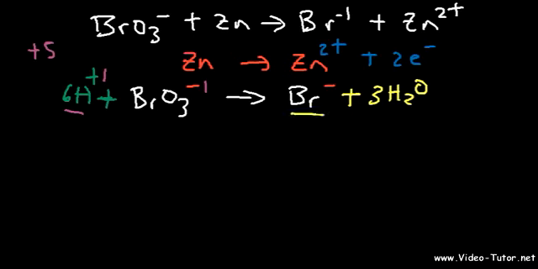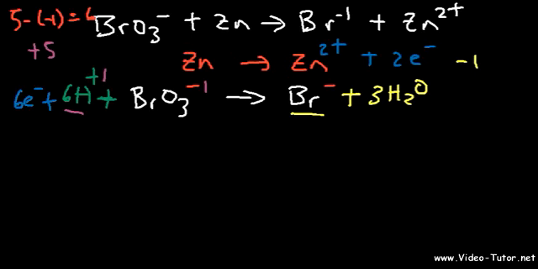On the right side, we only have a charge of -1. If you take the larger number minus the smaller number, 5 minus -1 is equal to 6. This tells you that you need to add 6 electrons to the side with the higher charge, which is the left side. And now that half reaction is balanced.